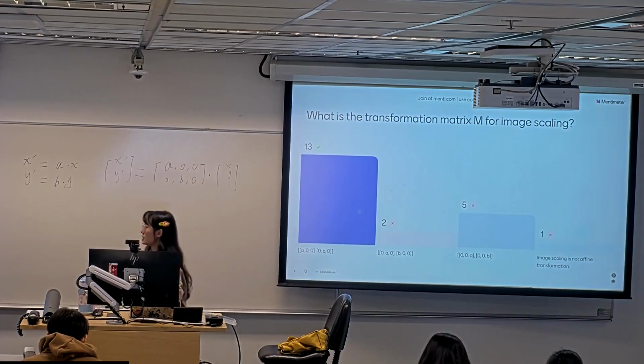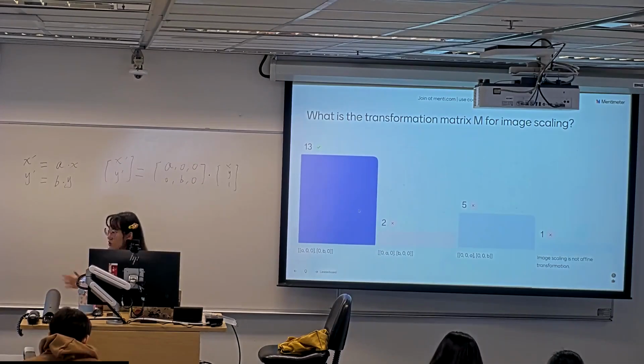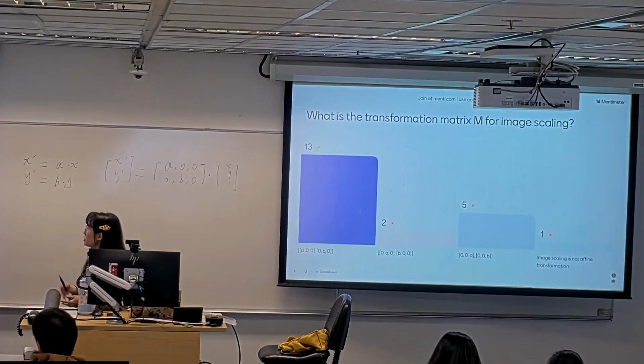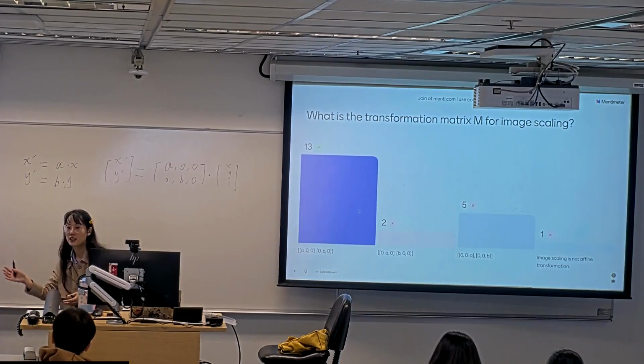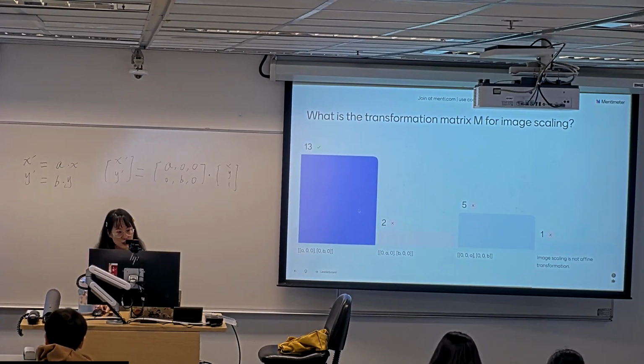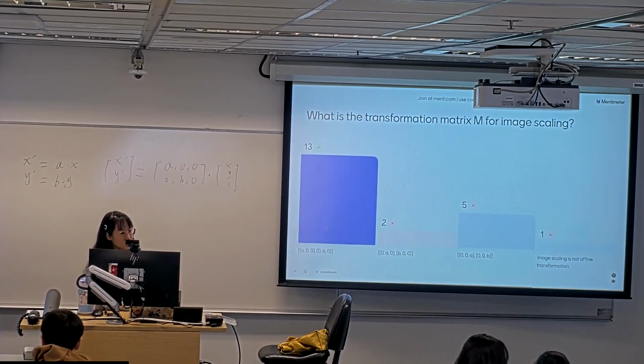So that's why the answer is the first choice. The transformation matrix big M for image scaling should be that one. So actually it's also a type of affine transformation, and we can easily find this transformation matrix. So the correct answer is this.